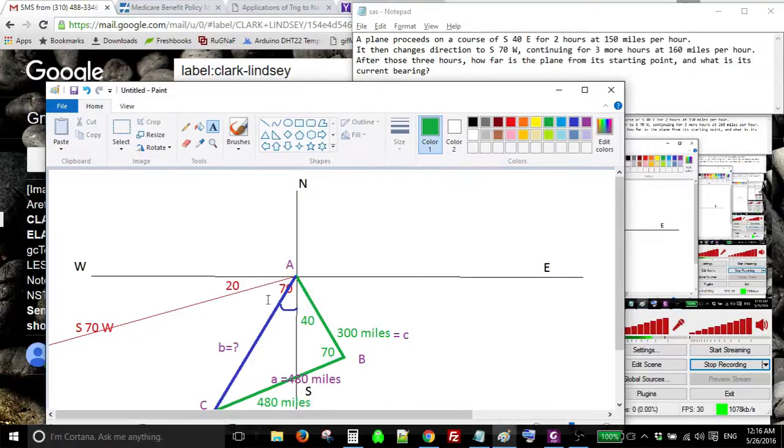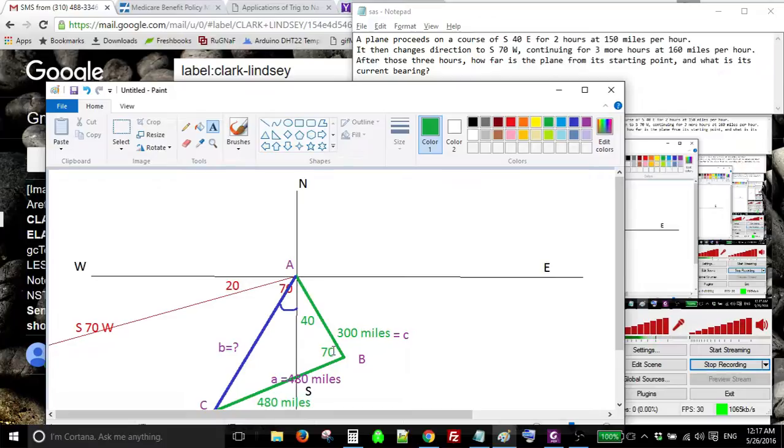If it's 70 degrees from the red line to the center black line, the red line is parallel to this green line, so this angle measure, 70 degrees, should be equal to this angle measure over here, because alternating angles are equal in parallel lines from your geometry class. So if this angle is 70 degrees, and this angle is 40 degrees, 40 plus 70 is 110, and 180 minus 110 is 70.